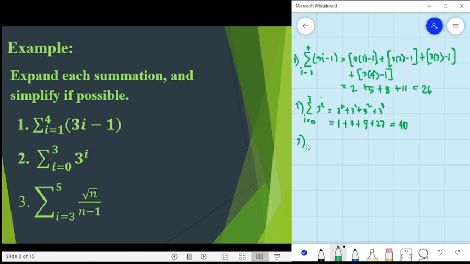Okay, next is the sum of square root of n over n minus 1, wherein the n runs from 3 to 5.